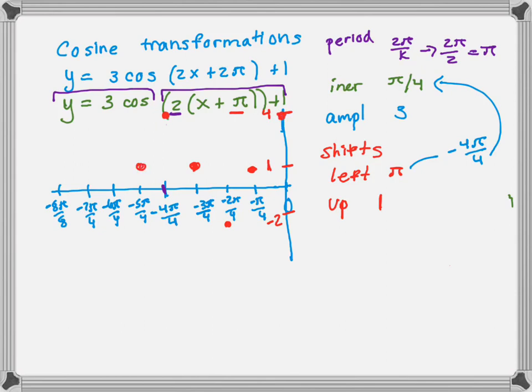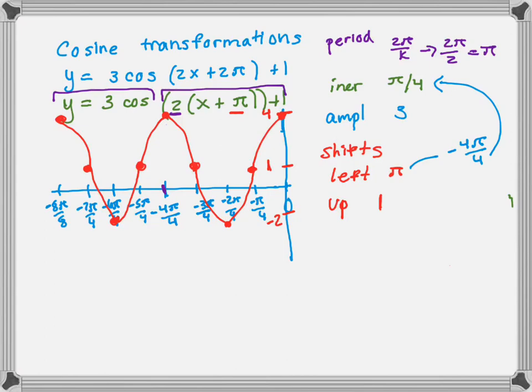Right, and then we can just do the opposite here. Okay, and then we can connect the points. So there you have it. So this is our cosine transformation.